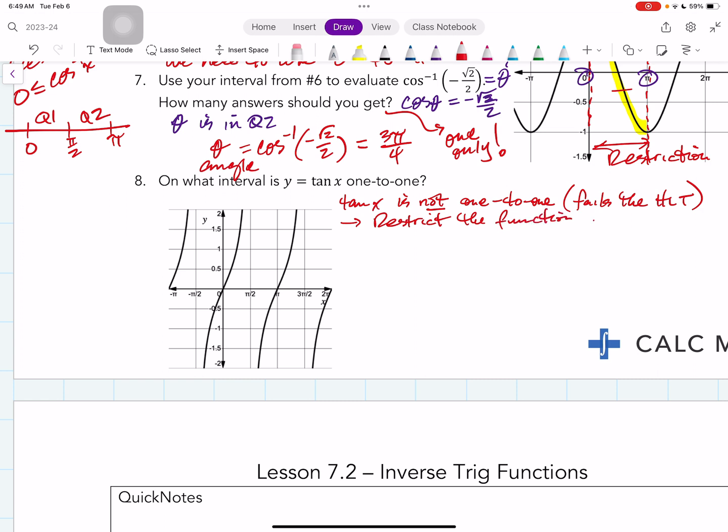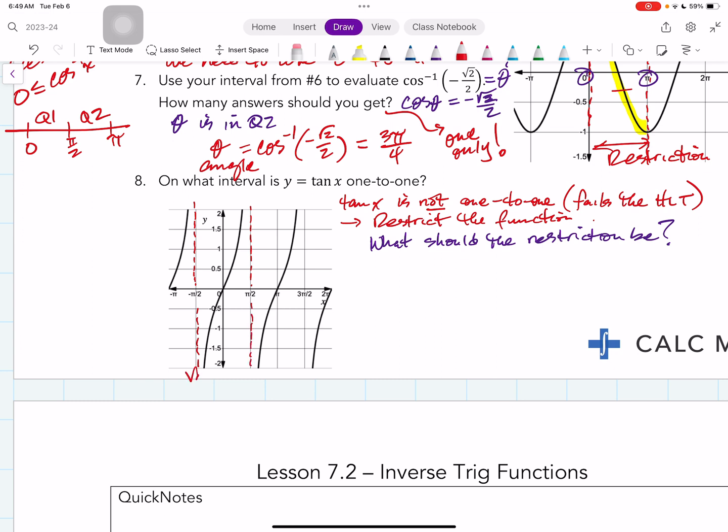So what domain should we choose? What should the restriction be? We know that the asymptotes of this function exist at negative pi halves and pi halves, from our first lesson.